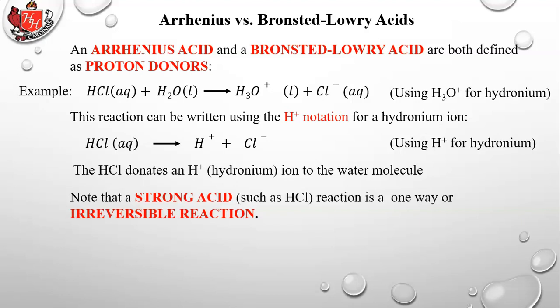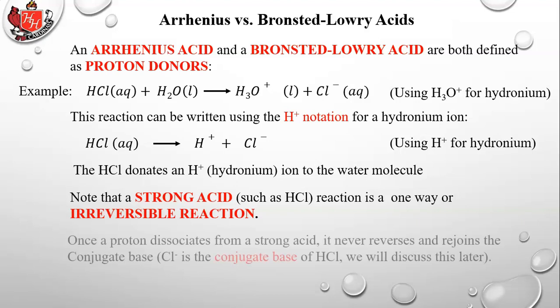So what that hydronium is, that H+, it's really just a proton. It's the ion of a hydrogen atom that's lost its electron, so it's really just the one proton that's in the nucleus of a hydrogen atom. Once a proton dissociates from a strong acid, dissociate means to break away from, it never reverses and rejoins the conjugate base.